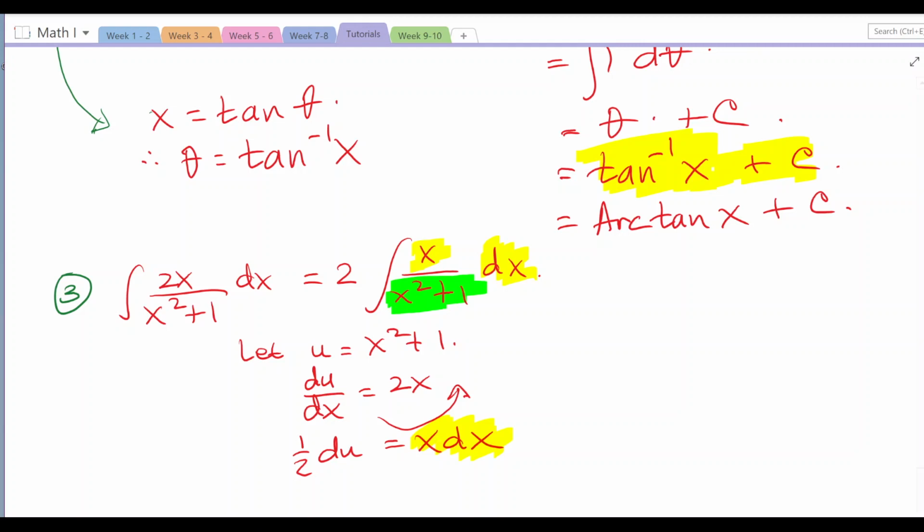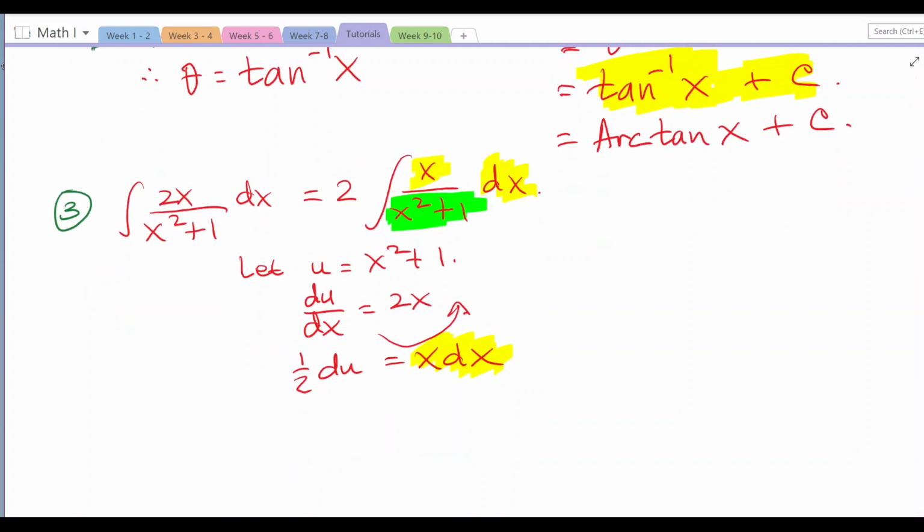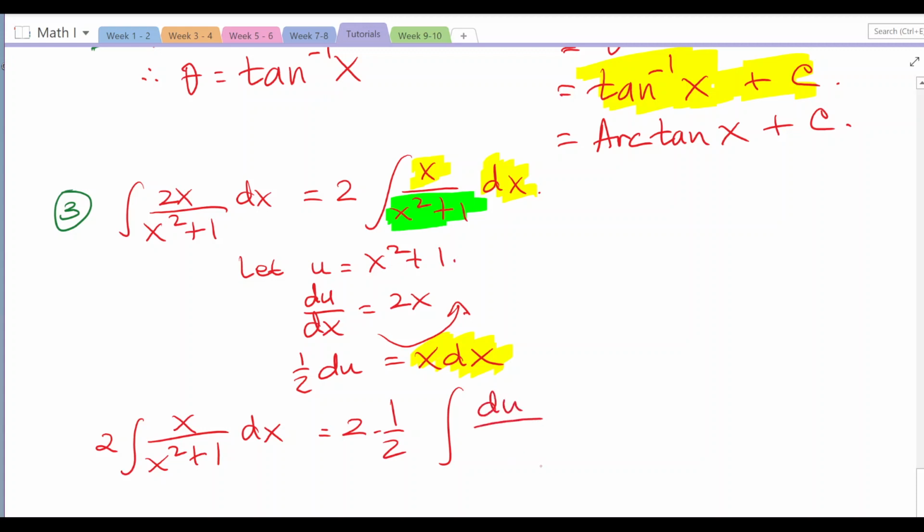So now we can start the substitution. The 2 times the integral of x over x square plus 1 dx is the same as 2 times half du, okay, 2 times half, the integral, x dx is du now, and du all over x square plus 1, which is our u.